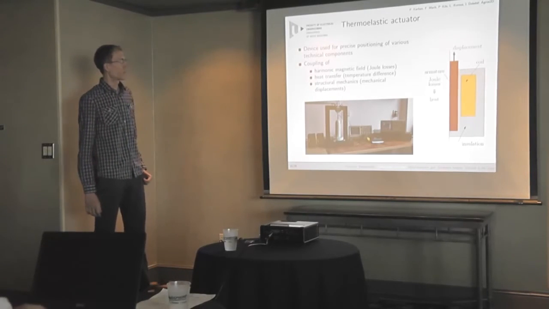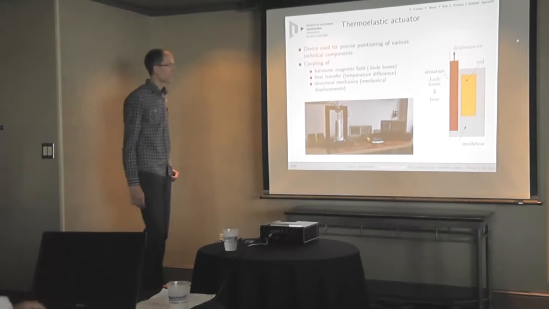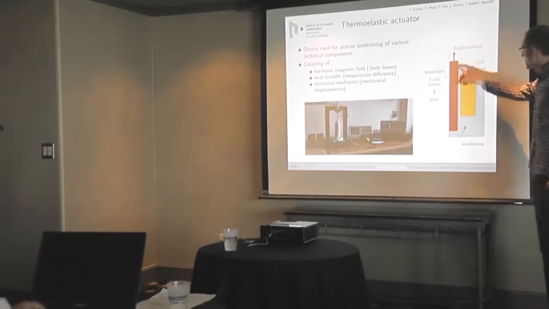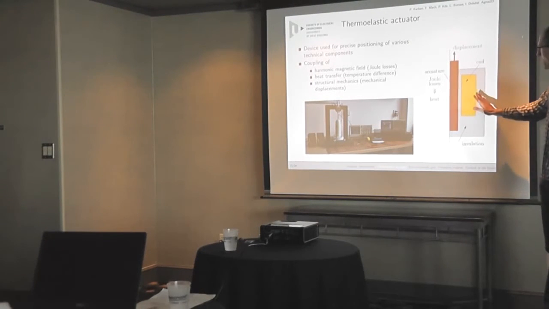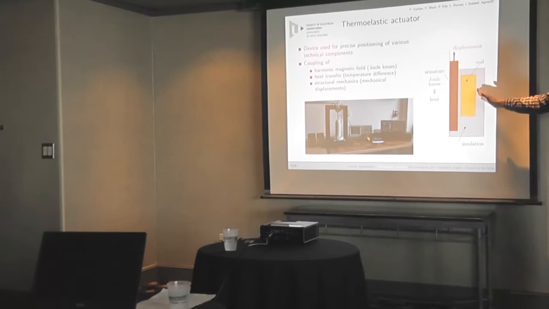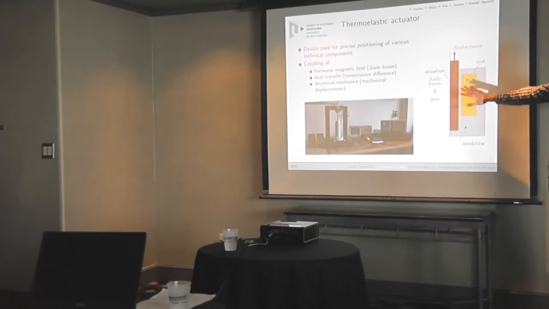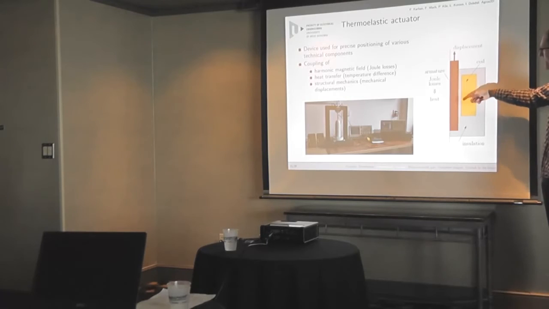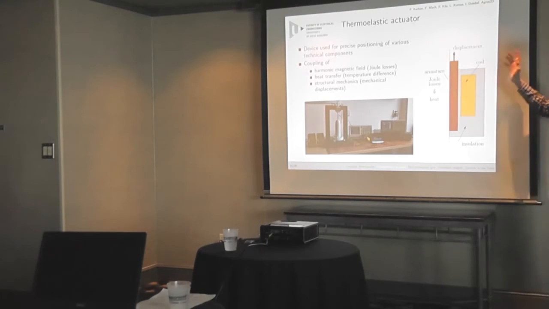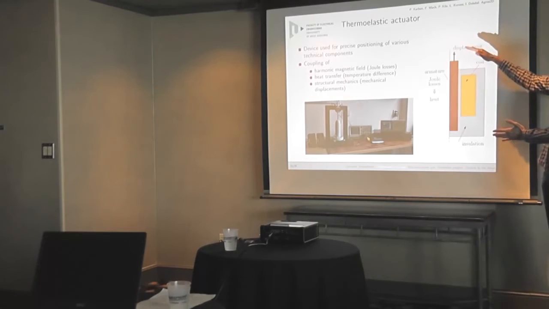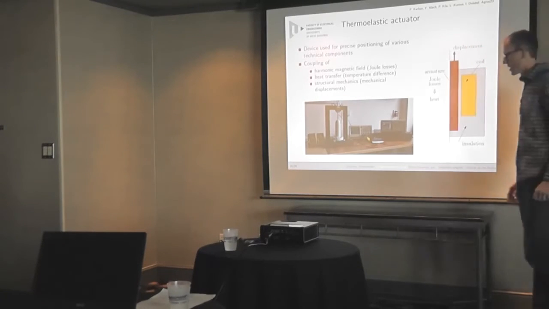And the basic principle is that you have an armature and a coil around it. We put the harmonic current into the coil, which produces a harmonic magnetic field, and it produces eddy currents in the armature. The eddy currents produce Joule losses, which heat up the material and it prolongs. So that's the basic idea.